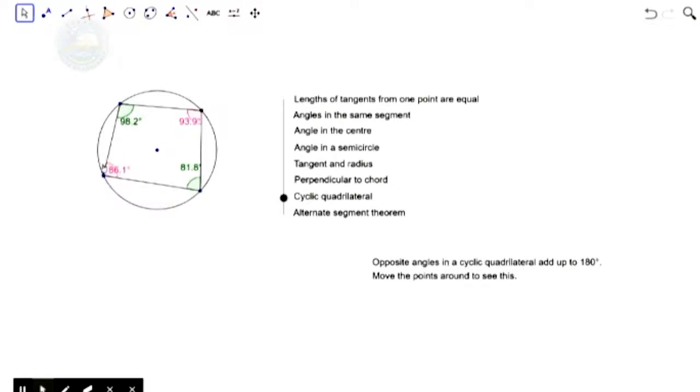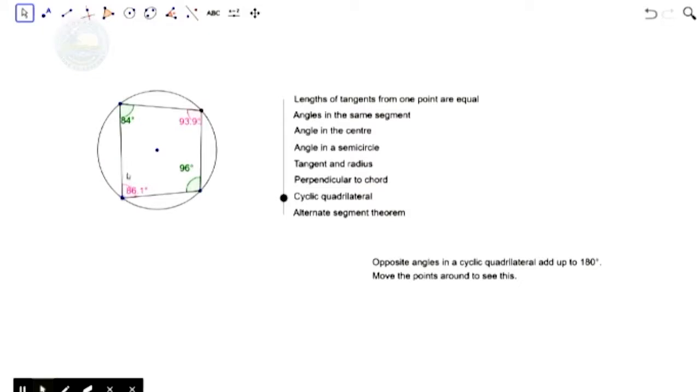And regardless of where we were to draw them, it will remain the same. Now, do you all see that I'm moving this point, but this angle is not changing? Only the other two angles are changing?